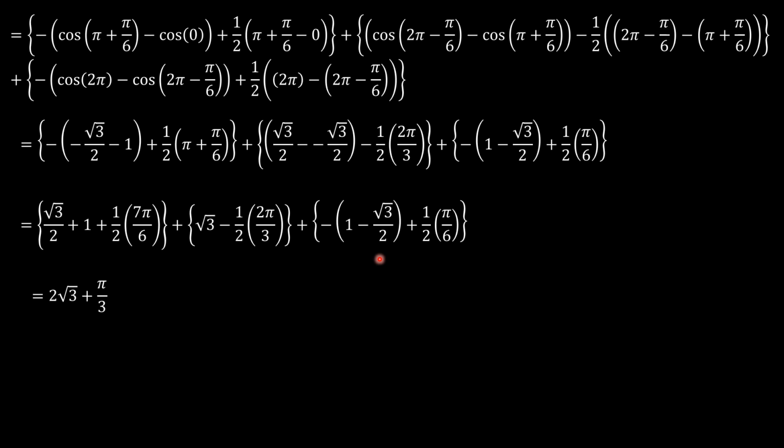And that would cancel out with this. So this negative a half and this negative a half would cancel out. And then we have the pi's adding up to pi over 3. And this is the answer that was being sought.